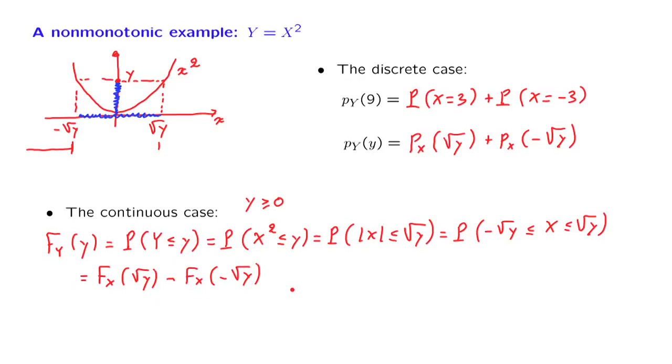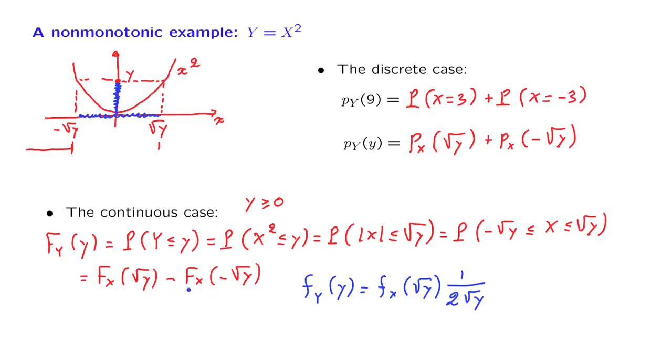At this point, we can take derivatives and use the chain rule. The PDF of Y is going to be equal to the derivative of this expression. The derivative of the first term, by the chain rule, is the PDF of X evaluated at the square root of y, times the derivative of this argument with respect to y, which is 1 over 2 square root of y.